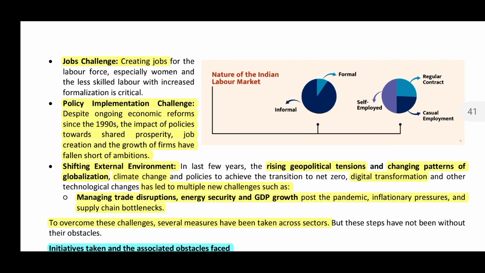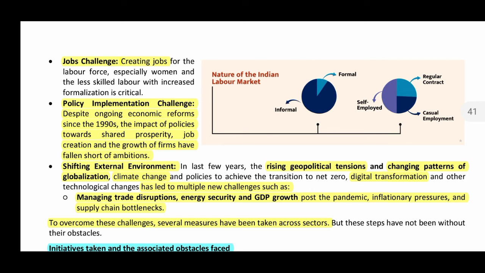Policy implementation challenge. There were economic reforms in 1990, but the impact of policy on shared prosperity, job creation, and the growth of firms has fallen short of ambitions. It means in 1990 there was an economic reform which opened up the economy to foreign countries, especially restrictions were removed, but the impact of these policies till now has not been good on job creation.